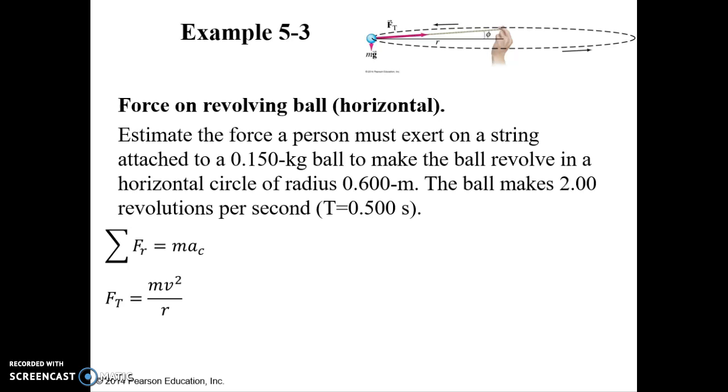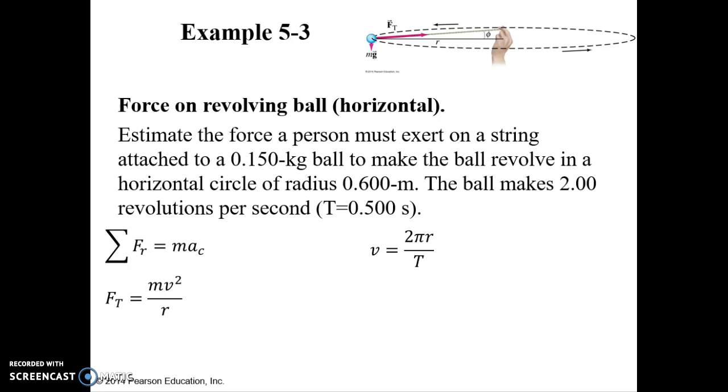The only force acting on the object in this example that is pointing radially inward is tension. Since tension is pointing inward, the value is positive. We can consider tension our centripetal force because it's this force that causes the ball to move in a circular motion. Next, we plug in the equation for centripetal acceleration, which is v squared over r.